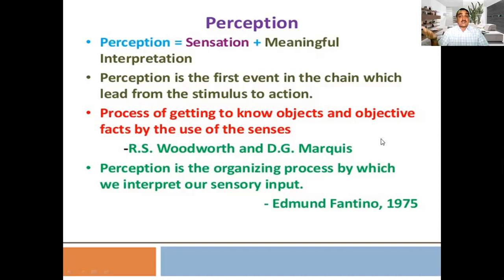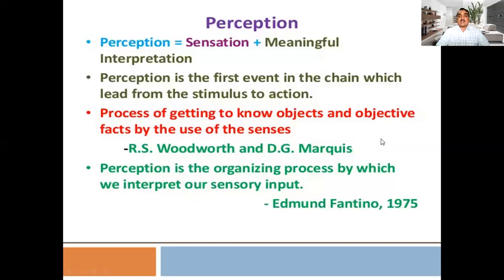So based on the information we receive through the sensory organs, plus after receiving the information, how individually I interpret it, altogether is known as perception. So perception is equal to sensation plus meaningful interpretation.